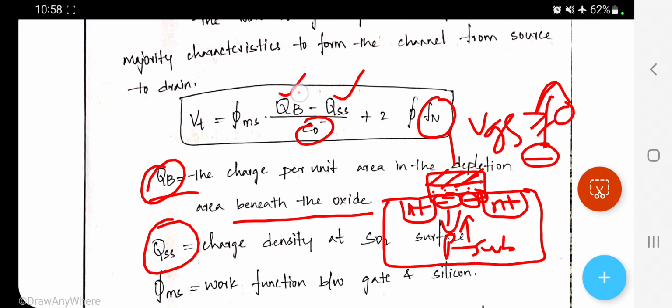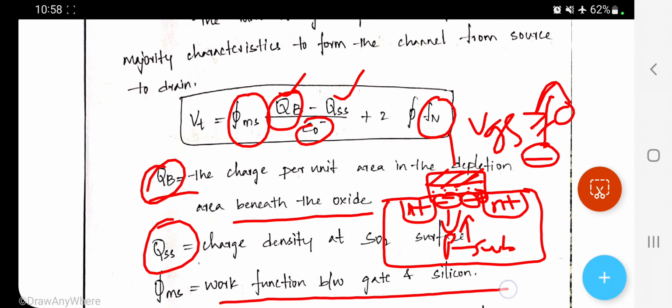So that's why it is included in the numerator as QB. And this phi_ms is the work function between gate and silicon. Silicon is nothing but the P substrate, that is, the work done in moving the electrons from silicon to the gate area is called the work function between gate and silicon.